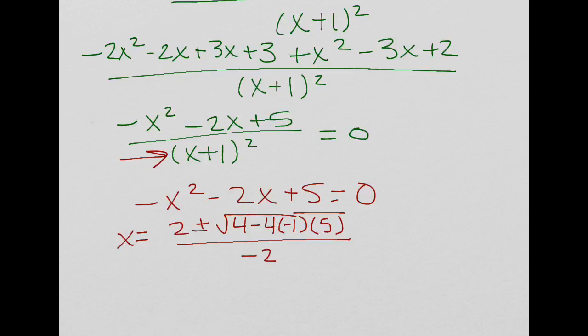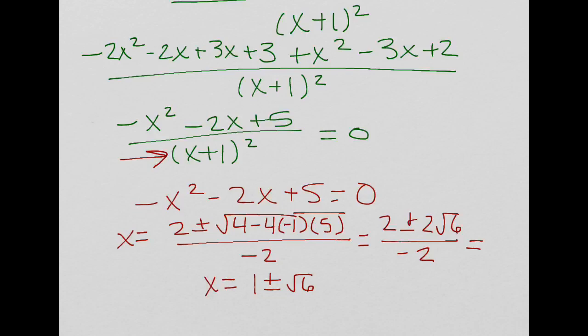And so if I clean that up, I should get, if I reduce, 2 plus or minus the square root of 24 over -2, I believe. And 24 reduces to 2 square root of 6. So that reduces further to 1 plus or minus the square root of 6.